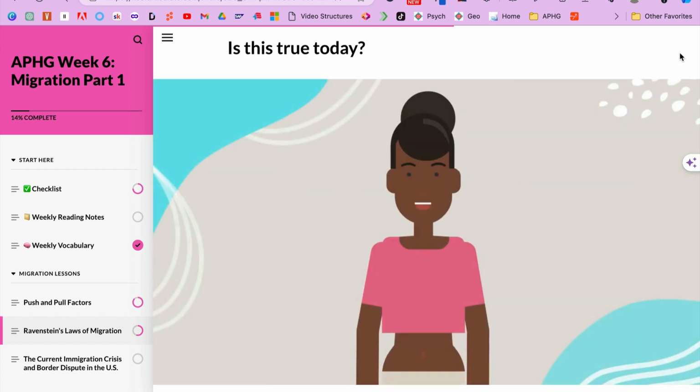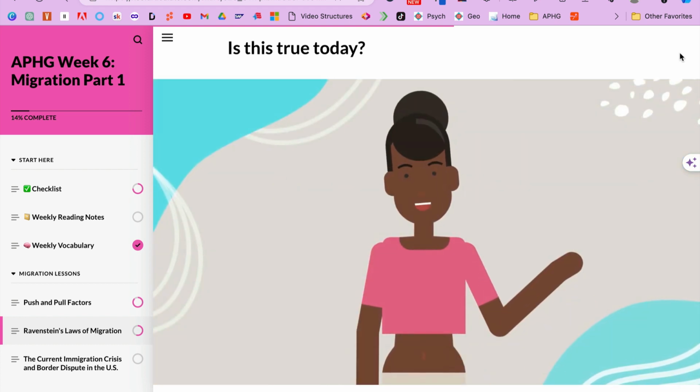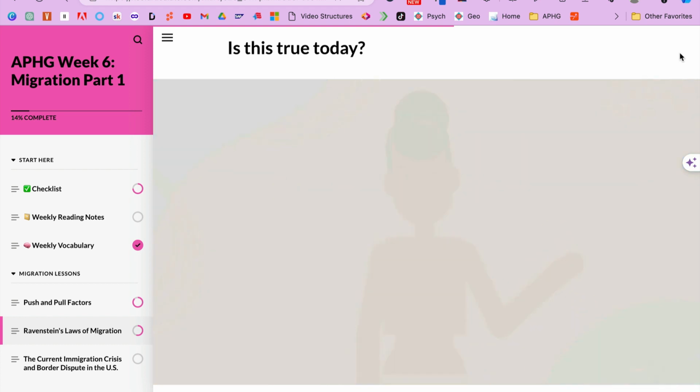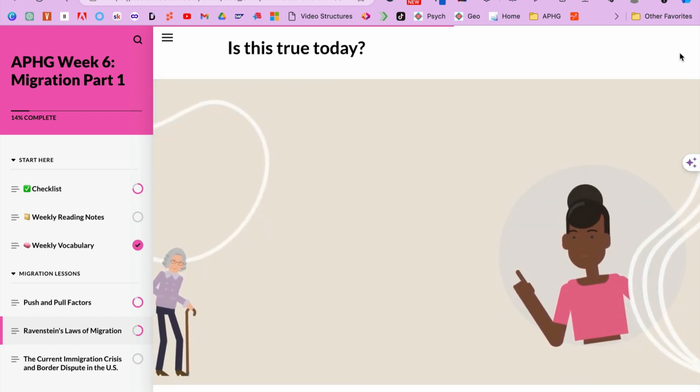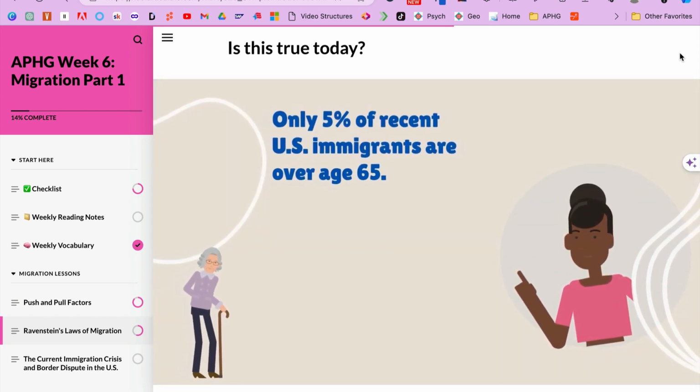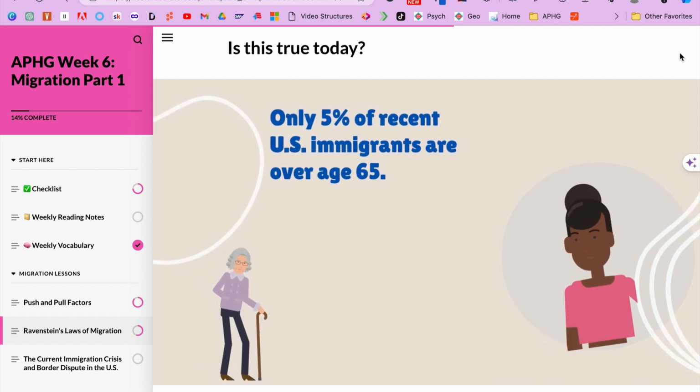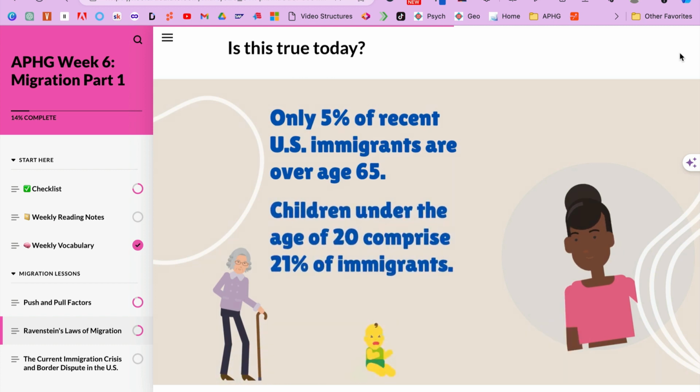A high share of US immigrants are young adults, as Ravenstein expected. Immigrants are less likely to be elderly people or children. Only 5% of recent US immigrants are over age 65. Children under the age of 20 comprise only 21% of immigrants.